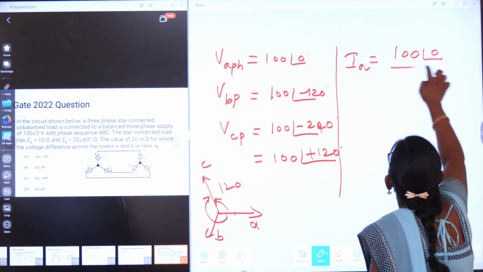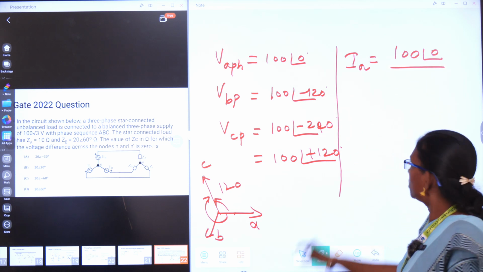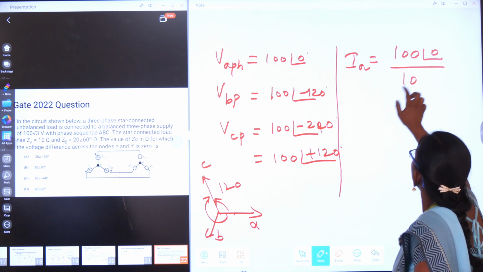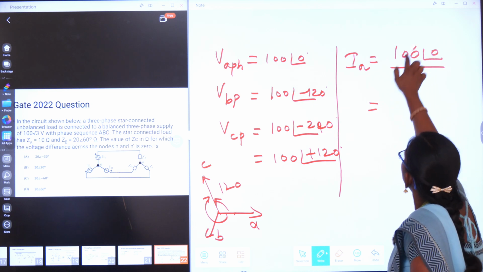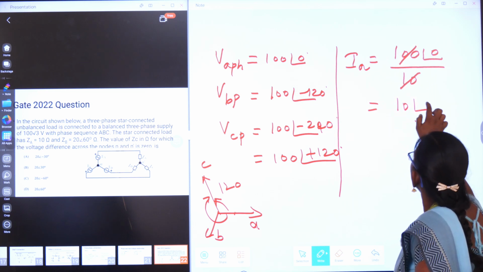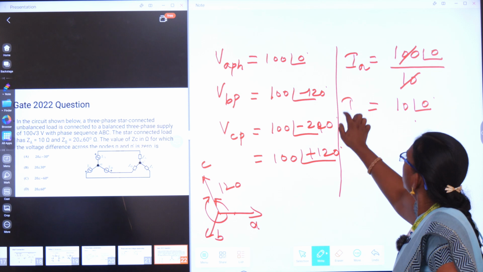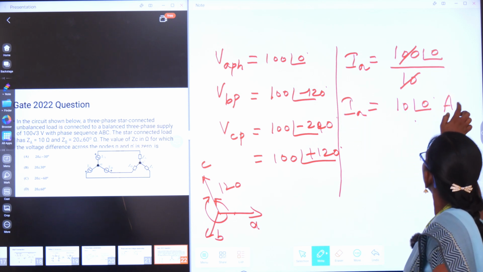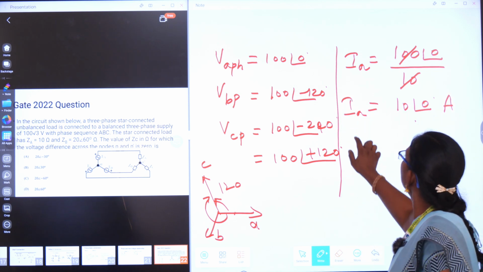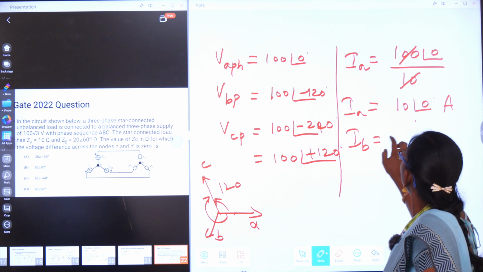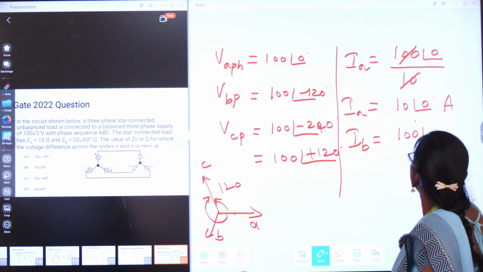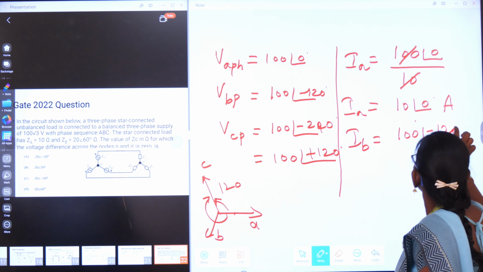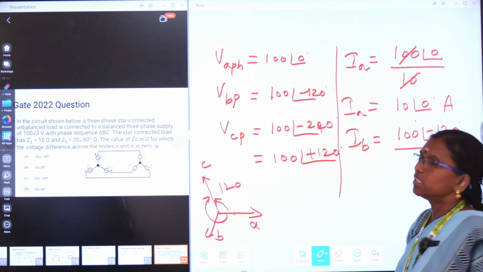IA is equal to 100 angle 0 by ZA, which is given as 10. So it is 10 angle 0 amperes. Then IB is 100 angle minus 120 divided by ZB.